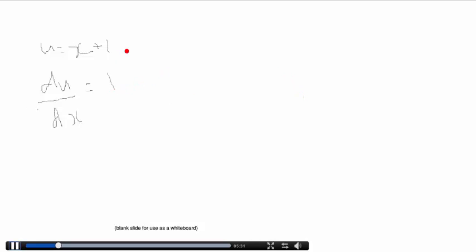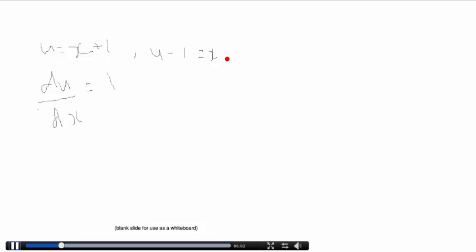So once we've got that, just to keep in mind, I will explain later on, we could also write this in terms of x. So if this is plus 1, we take it to the other side, this becomes u minus 1, which is equal to x.